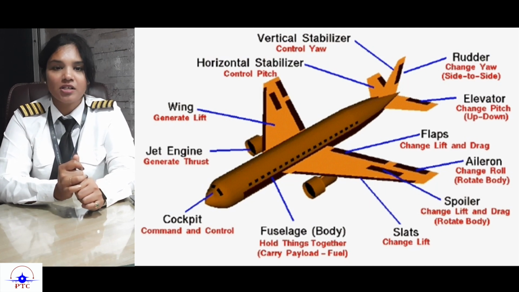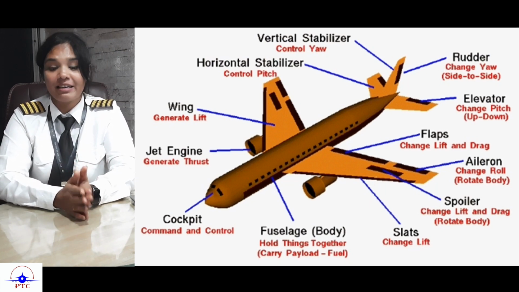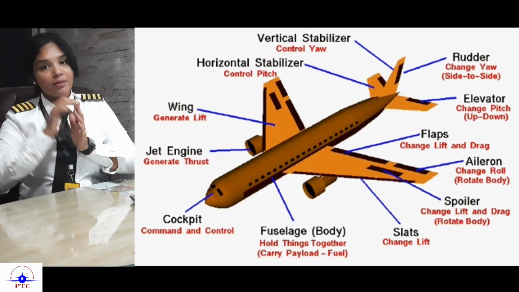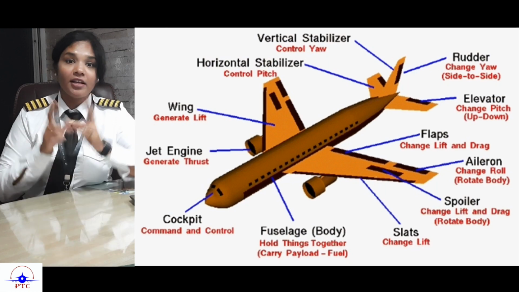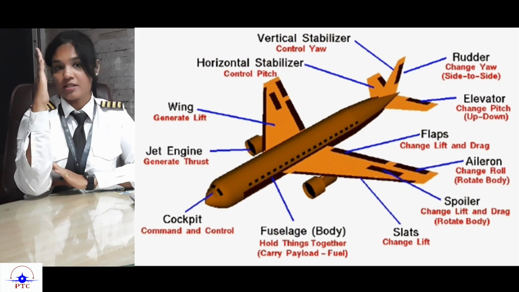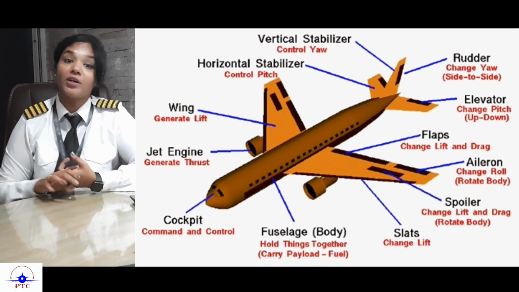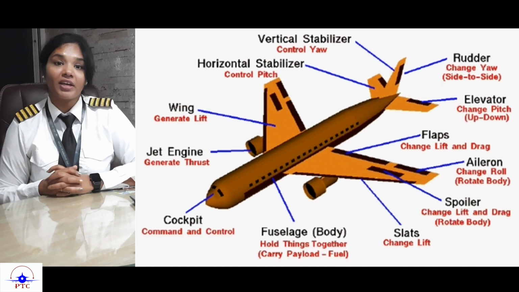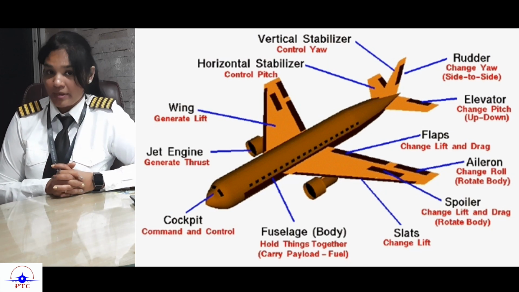Now, I kept the empennage for last to explain it a little bit in detail. In the empennage, or the back part of the aircraft, there are two prominent surfaces. Something that sticks out on top is called your vertical stabilizer, and something that comes out like a miniature version of a wing is called your horizontal stabilizer.